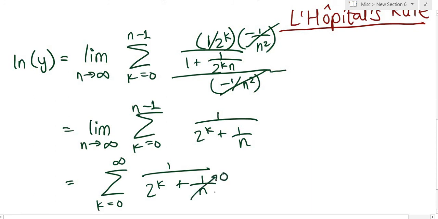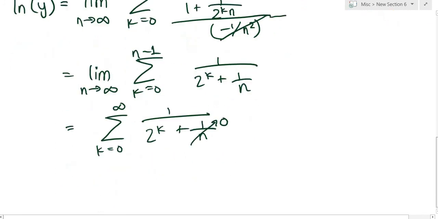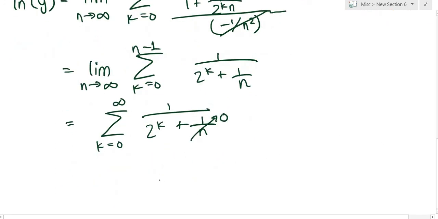Because the denominator grows really large and the fraction becomes 0. So finally we have the sum from k equals 0 to infinity of 1 over 2 to the kth power, because this thing just went to 0.